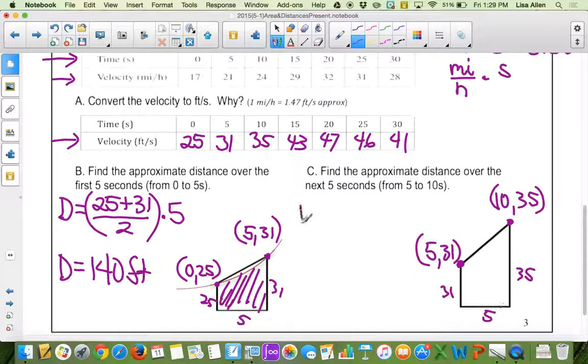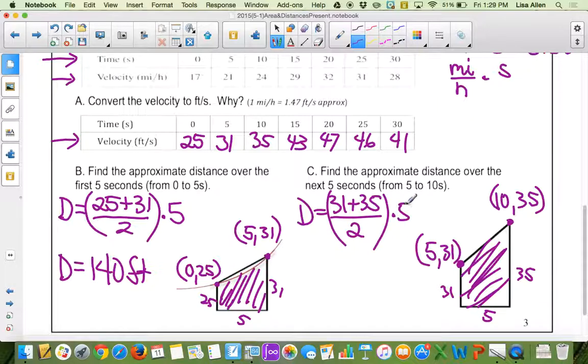And we have the distance traveled. Of course, distance is the area. And so we have distance is equal to 31 plus 35 over 2, the average of the bases, times 5. With this, you should get a distance that is equal to 165 feet.